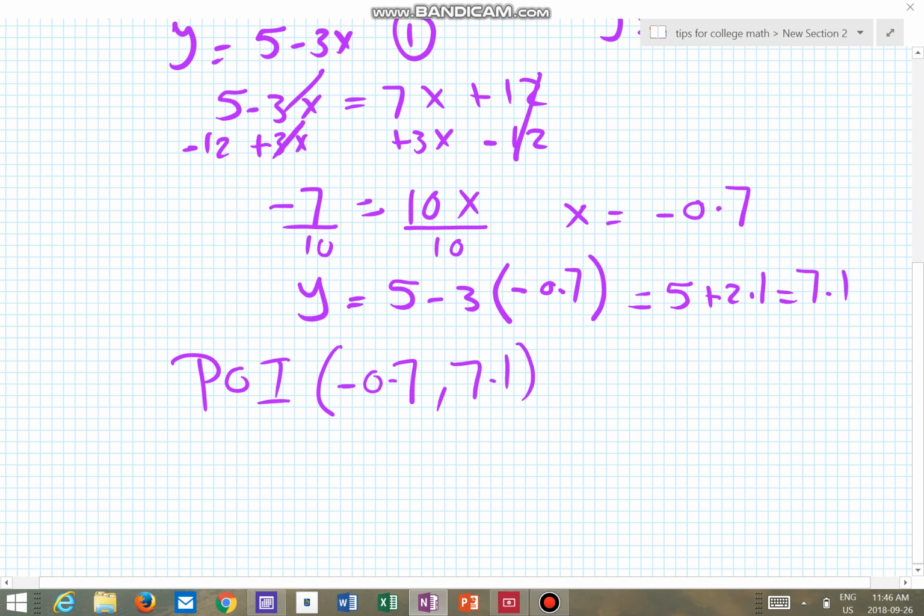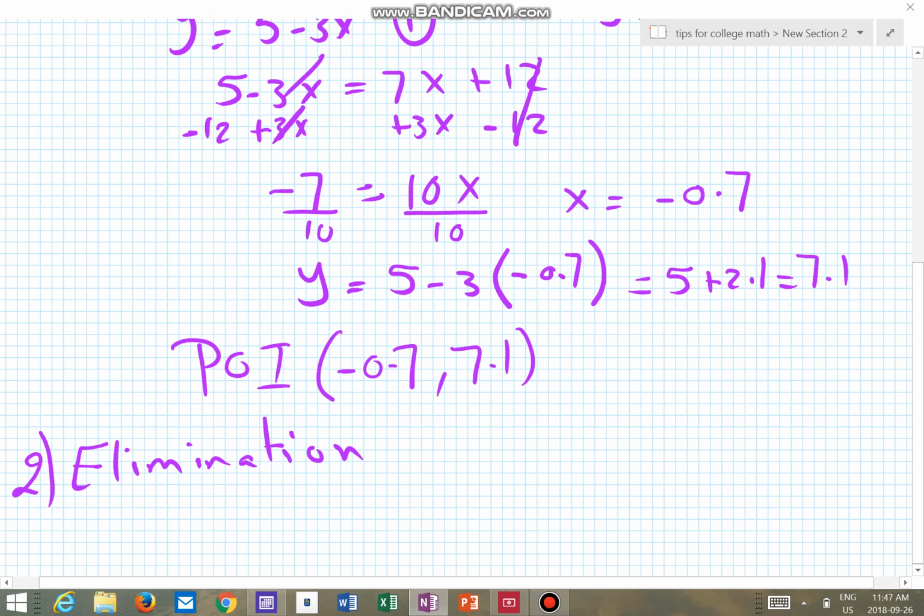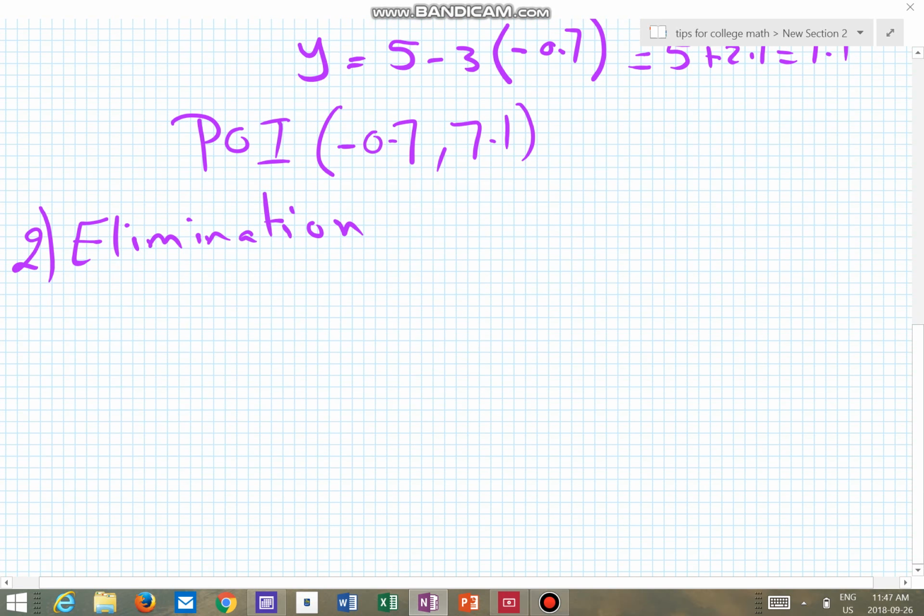So that's one method. How about the second method, which is elimination? And I like this one because basically it will be reducing your expressions in a less number of steps. So we started with 3x plus y equals 5 and negative 7x plus y minus 12 equals 0.